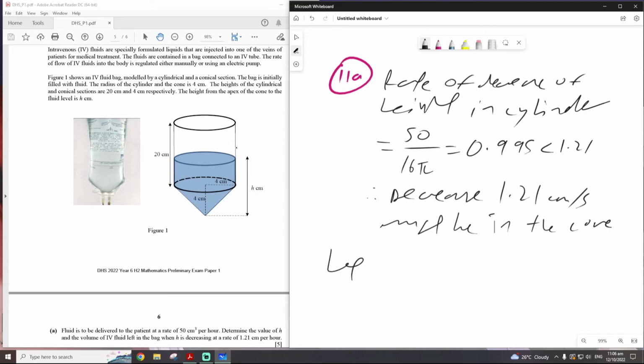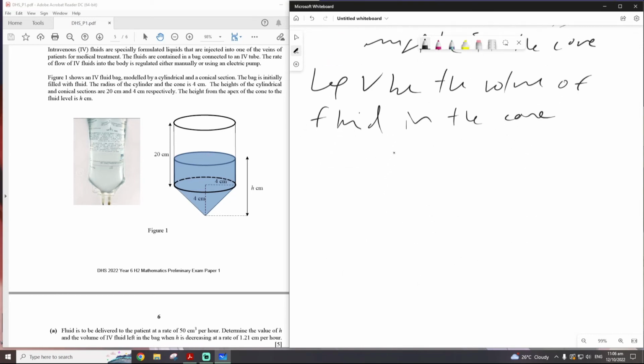So let V be the volume of the fluid in the cone, and also let R be the radius of the surface level.